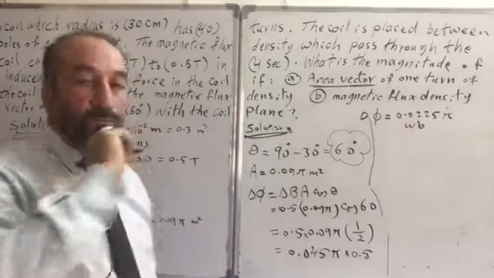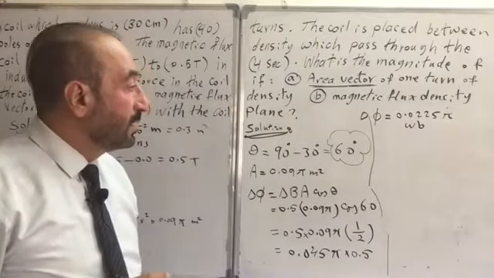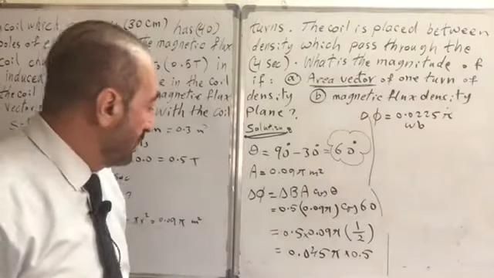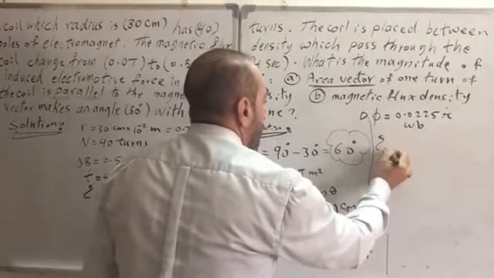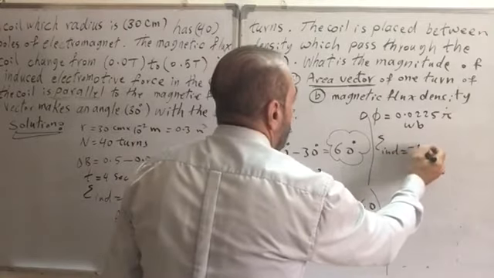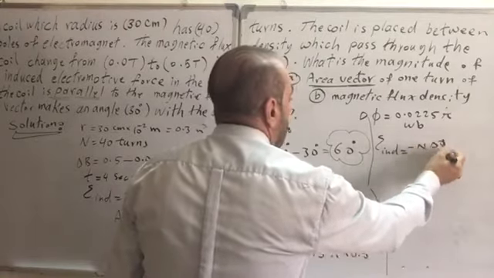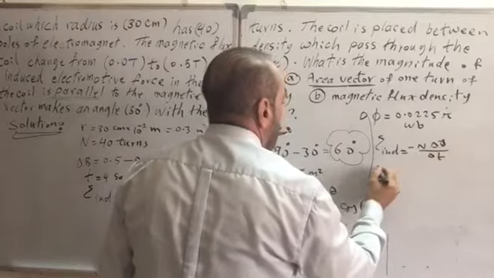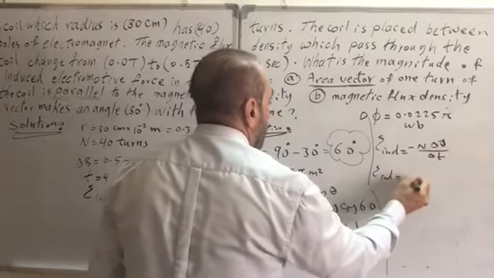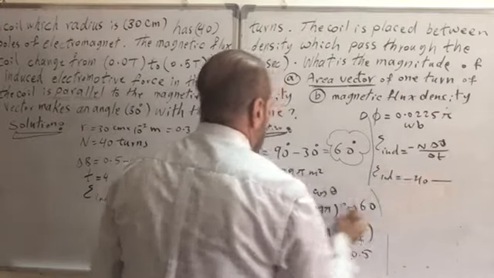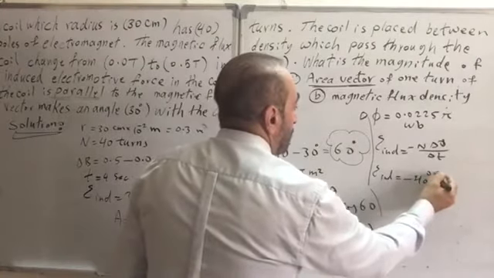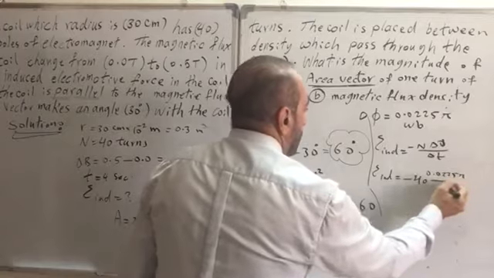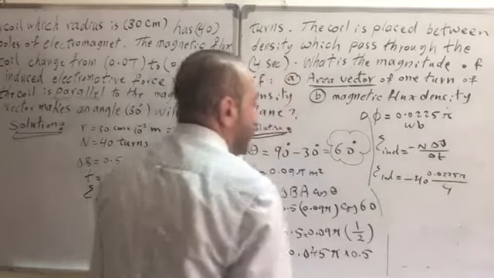Now we prepare everything for applying Faraday law. We say E induced equal minus N delta phi over delta T. E induced equal minus 40 delta phi, 0.0225 pi over delta T, 4.